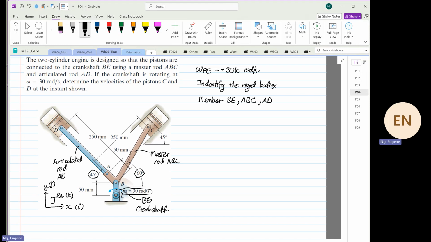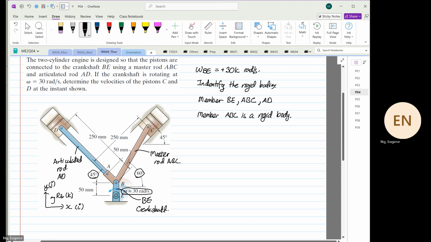So knowing that member ABC is a rigid body, we can also specify that omega AB is also equal to omega what?